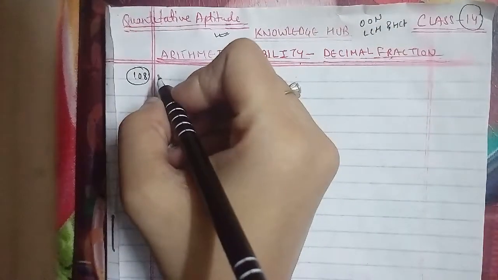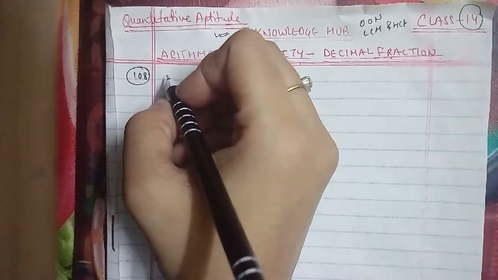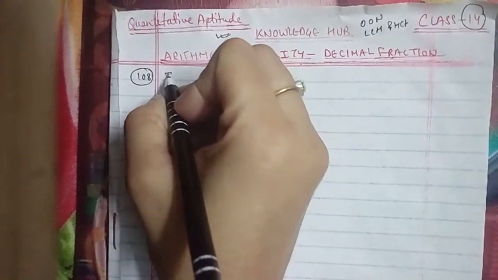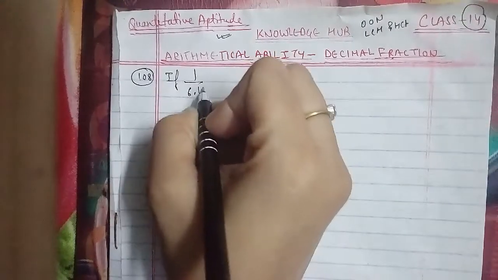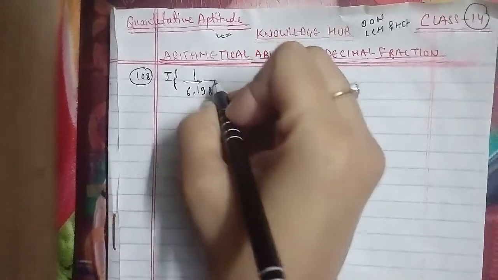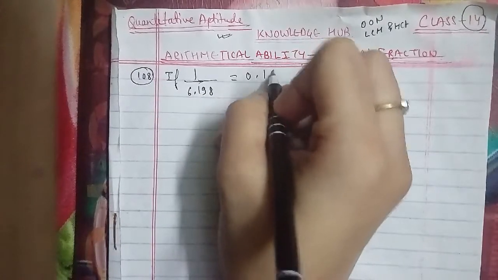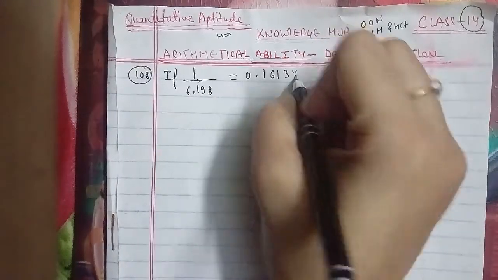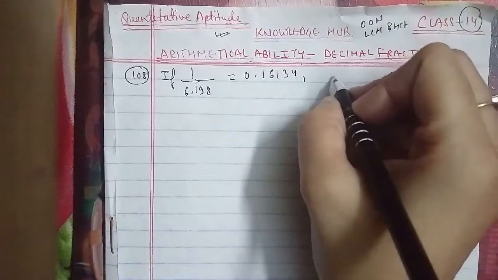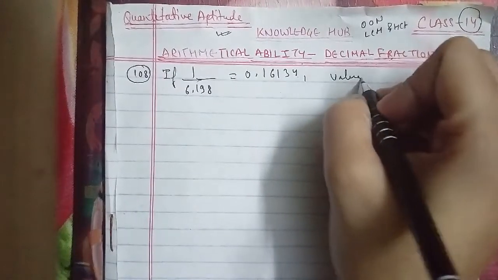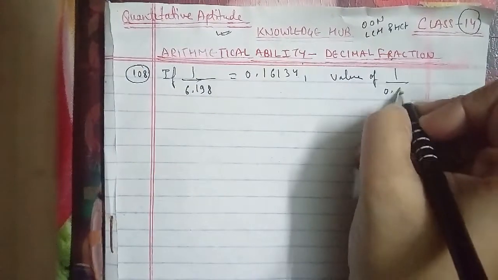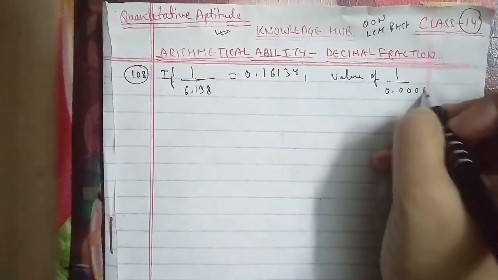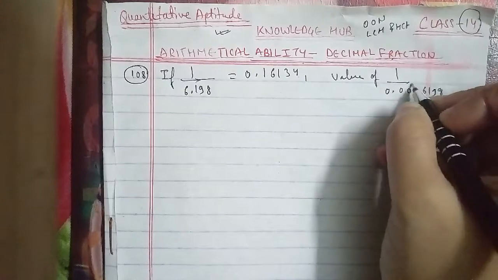We'll start with the session, that is the 108th question. The question states that if 1 upon 6.198 is equal to 0.16134, then we have to find the value of 1 upon 0.0006198.